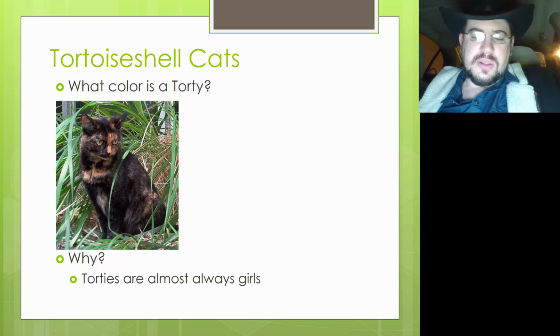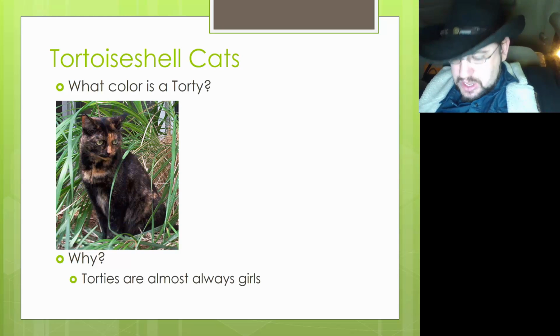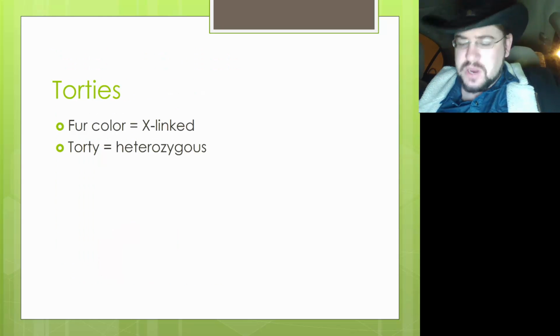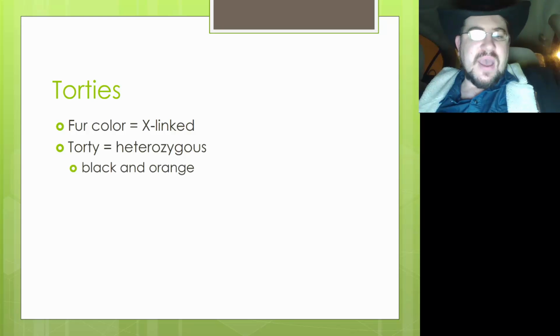Super cool. And I got ahead of myself because I already explained why they're almost always girls. Okay, so fur color, X-linked. If you have torties, they are heterozygous for black and brown fur.